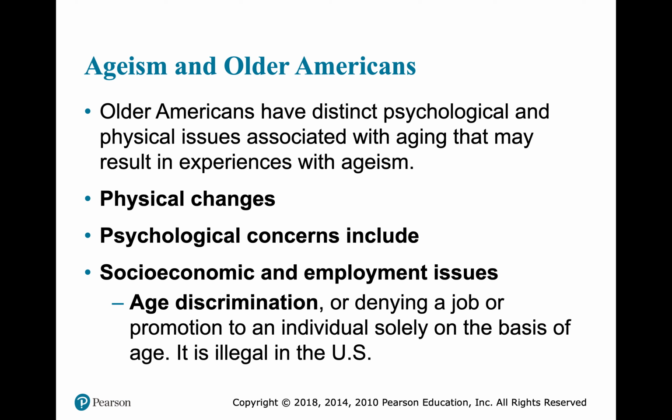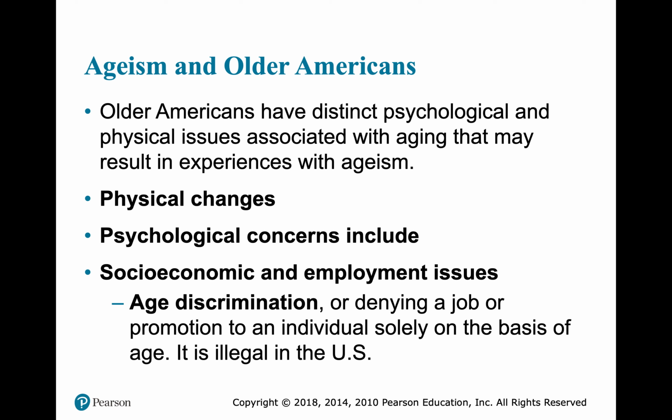So older Americans have distinct psychological and physical issues associated with aging, and that may result in experiences with ageism. So physical changes, we can see changes in skin, so wrinkles, skin elasticity, hair may become thinner, grayer, voices softer, weaker, height may shorten, mobility, so these individuals may have a slower gait or be a little off balance.